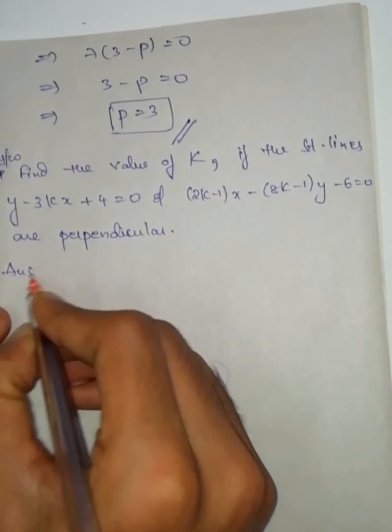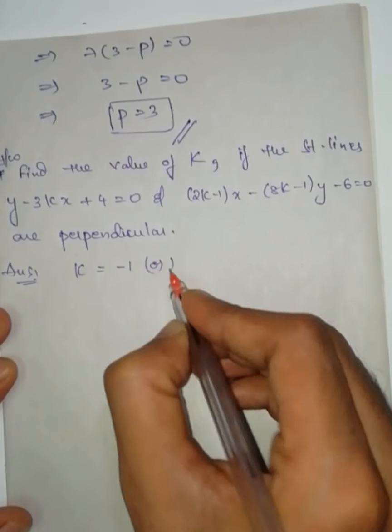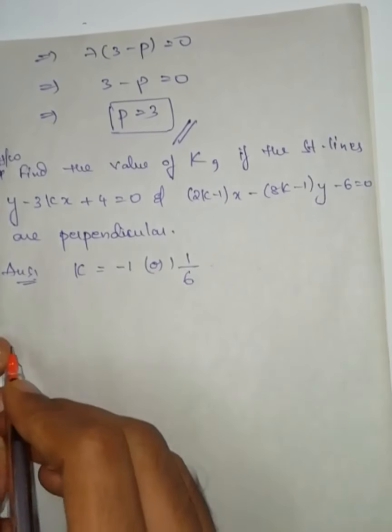And the answer you have to get is k is equal to -1 or 1 by 6.